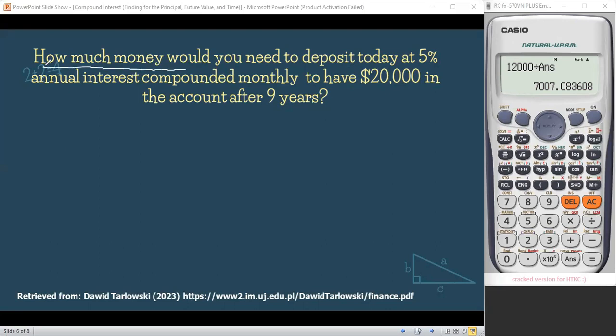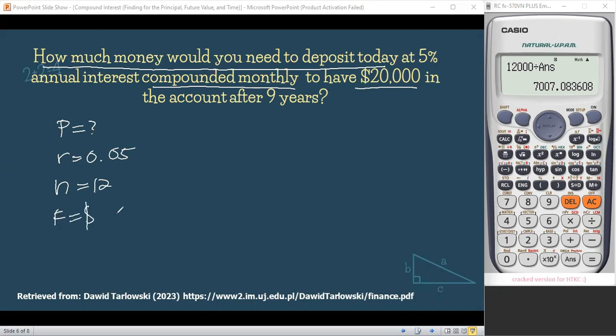So how much money would you need to deposit today? So ang pinapahanap po sa atin is the principal. Siya po yung nawawala. At 5% annual interest rate, so that is rate 0.05. Compounded monthly, ibig sabihin po n is equal to 12 to have $20,000. So this is our future value. So si $20,000, siya po yung expected amount natin after 9 years.